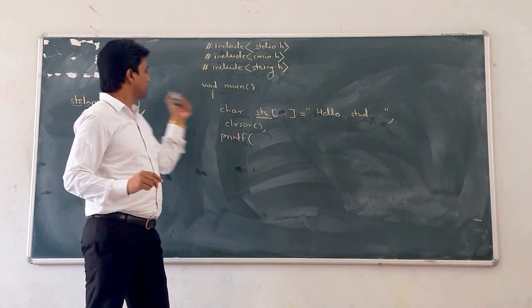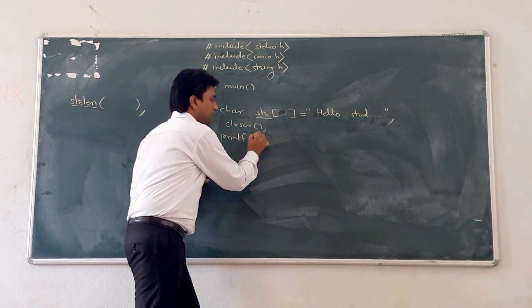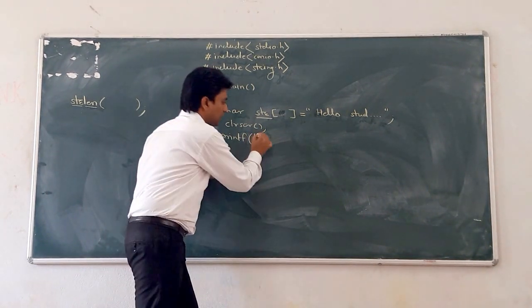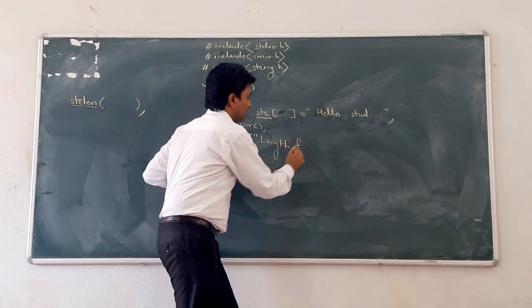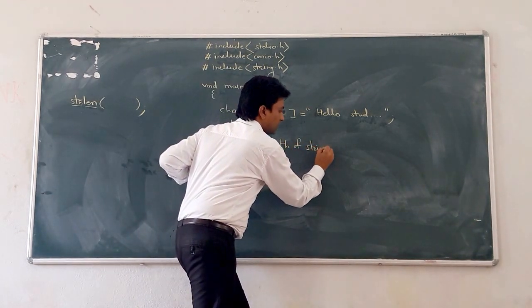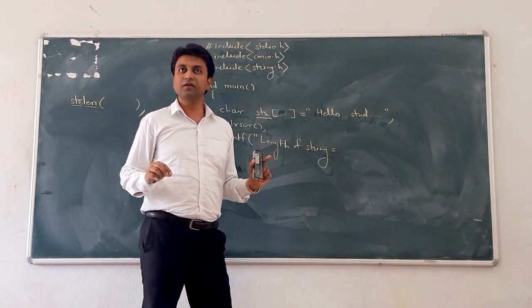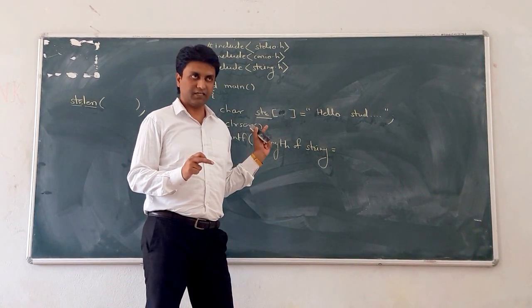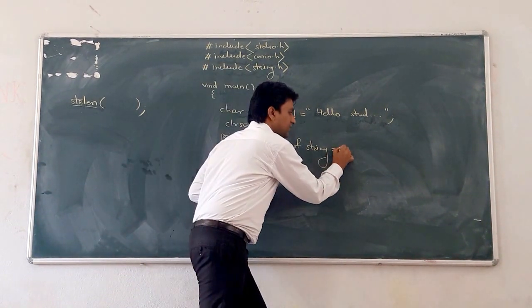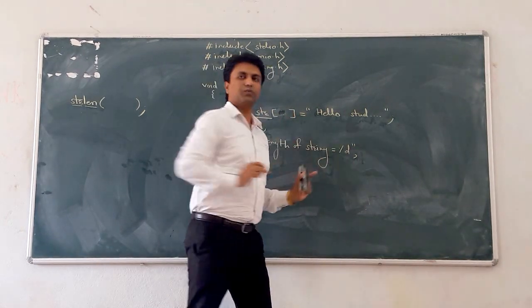You can directly call that string length function inside the printf function. For example, a message. Suppose in double quotes: length of string is equal to. Length is in which format type? It is an integer, so use %d. This is the message: length of string is equal to %d.